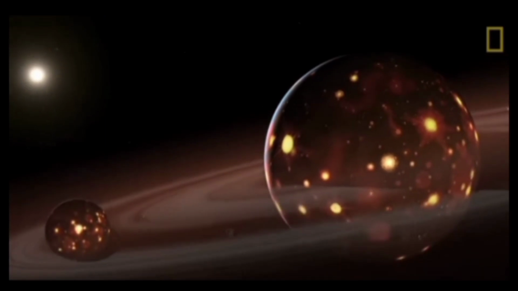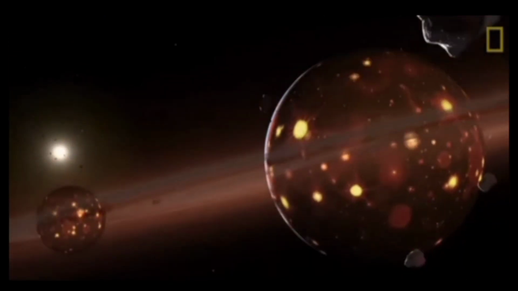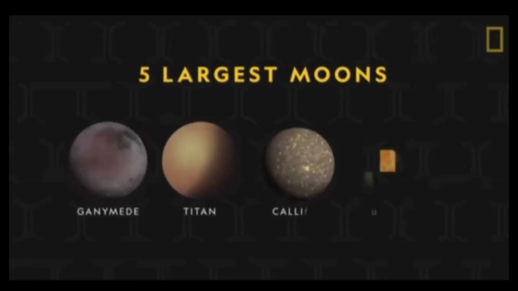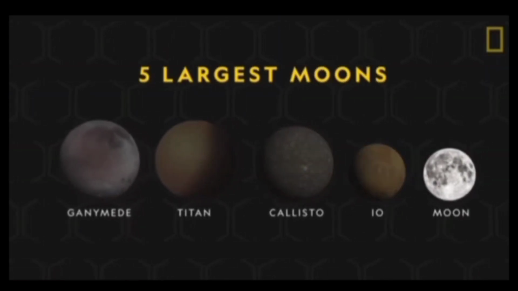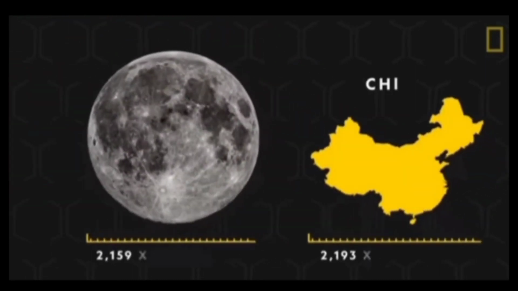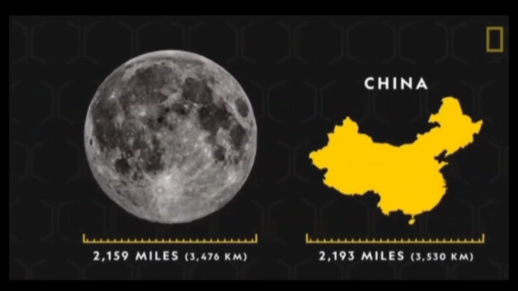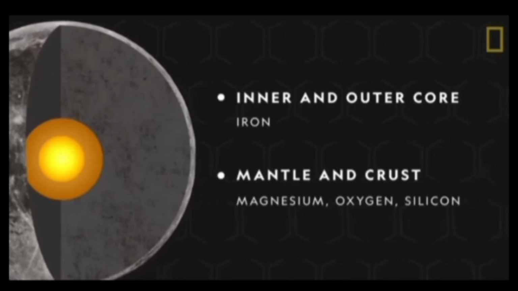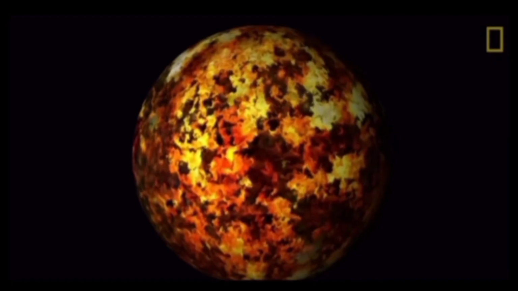Debris from this collision began to orbit Earth and accumulated, forming today's moon. The moon is the 5th largest natural satellite in the solar system, with a diameter just under the width of China. It's composed of an iron-rich core, plus a mantle and crust containing minerals made of magnesium, oxygen, and silicon.